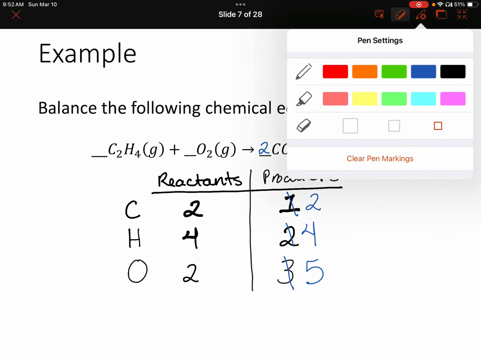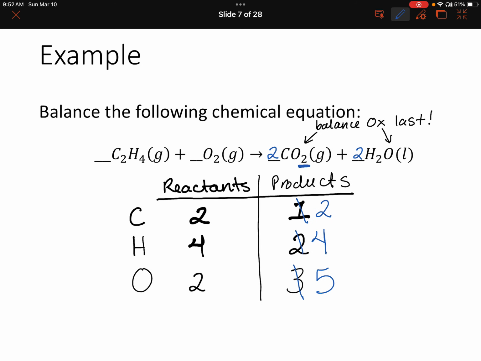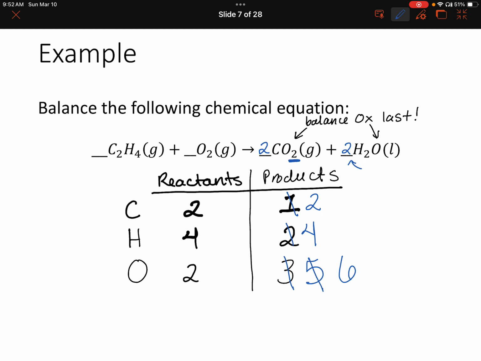All right, so let's see, we've got 2 times 2 oxygens from CO2, so that's 4, plus now we have 2 oxygens in H2O. So 4 plus 2 gives us 6. All right. So that's going to be a lot easier to balance now.